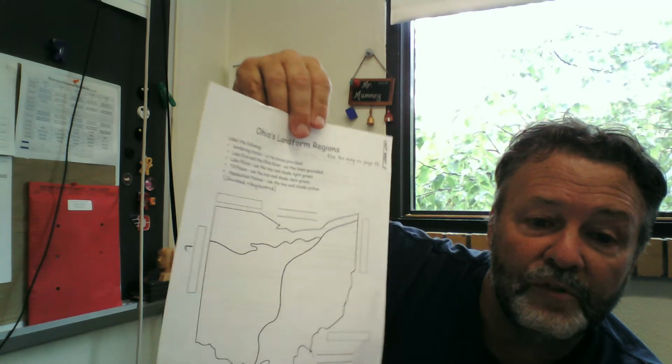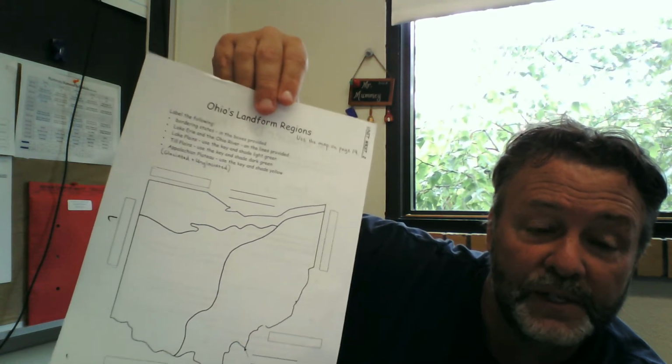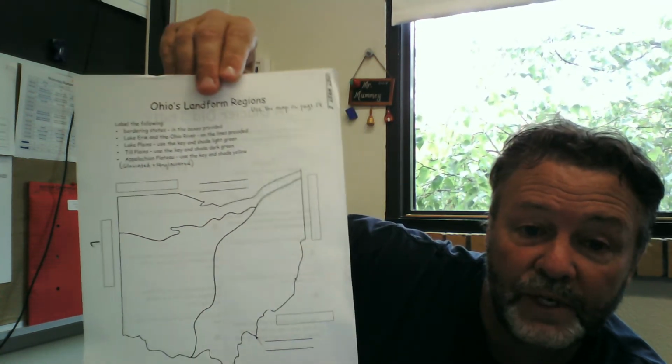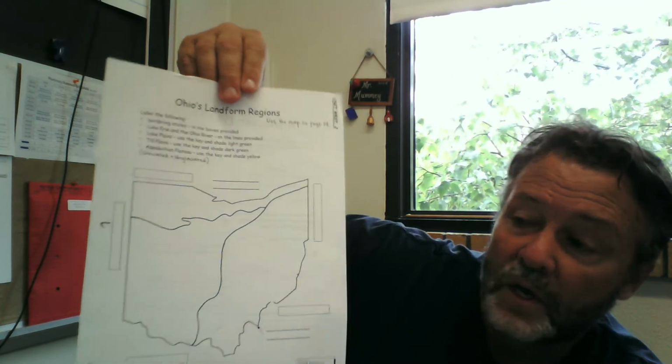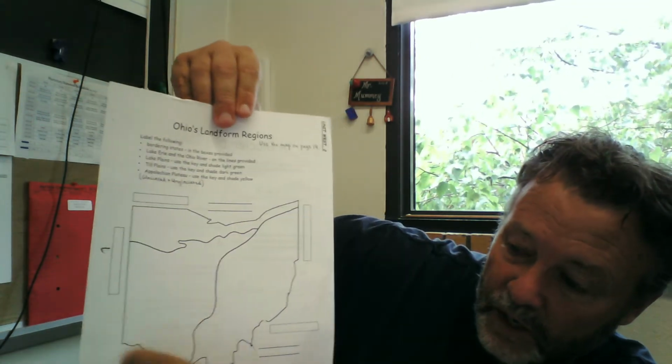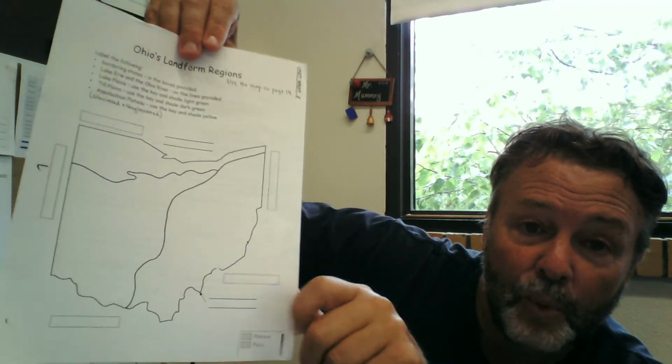On this side of the sheet, you're going to answer some of the questions at the top. Wherever you see a box like this, you're going to write in a bordering state. So look at a map of Ohio or the Midwest part of the United States, and you can see which were the bordering states that go around Ohio. So there's a state here, here, here, here, and here. These lines are bodies of water that form our borders.